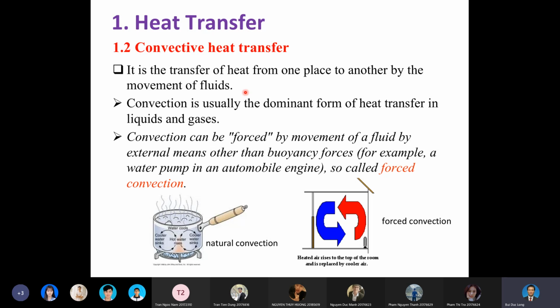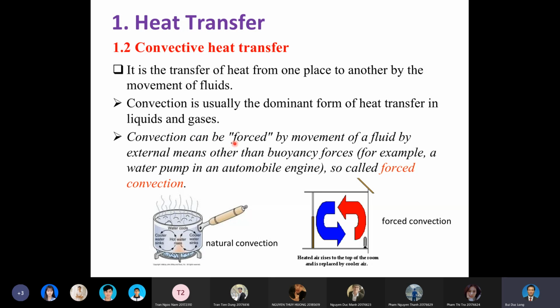Convection is usually the dominant form of heat transfer in liquids and gases.